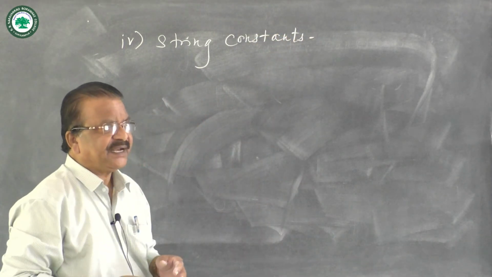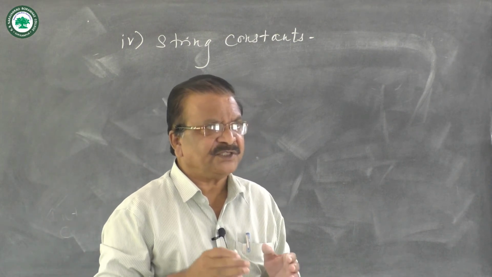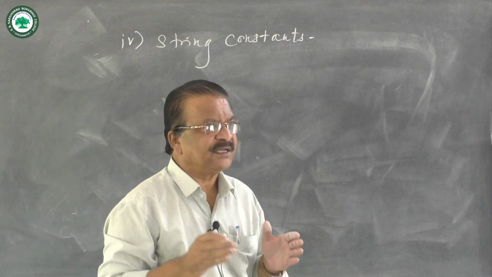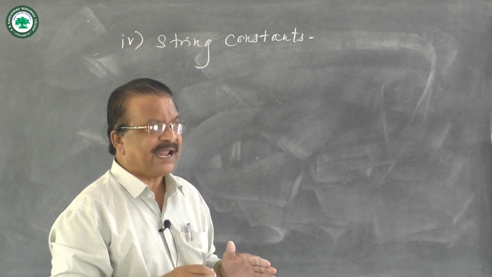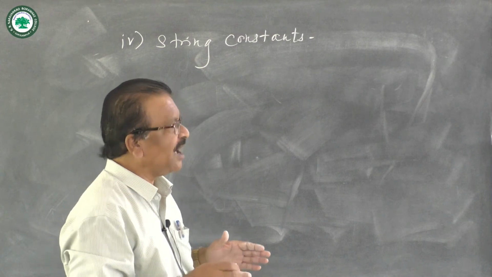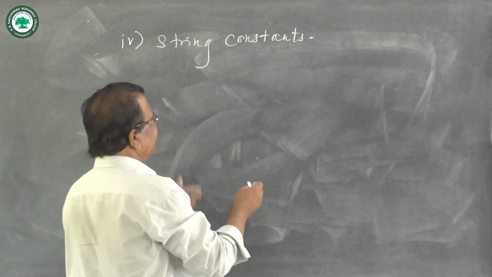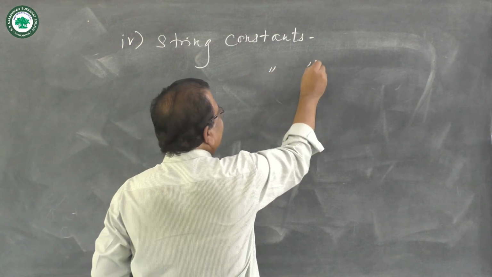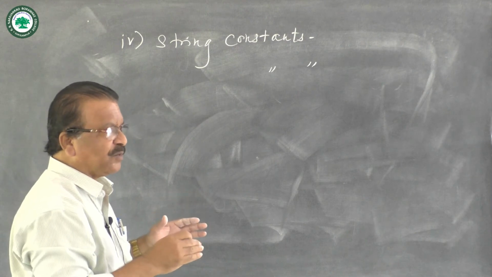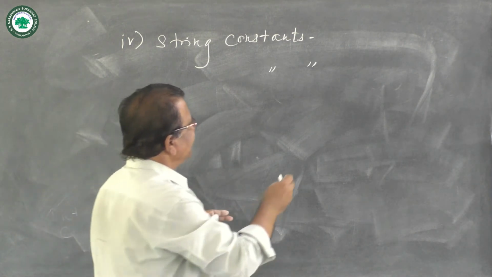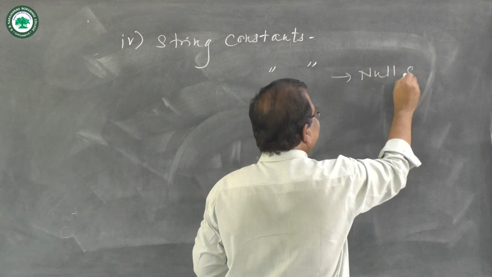As its name indicates, it's a string of characters, but a string of zero or more characters surrounded by double quotes or double inverted commas which slant or point to the left is called a string constant. Here is an example of nothing there, simply two double quotes which are pointing to the left. This is a null string.